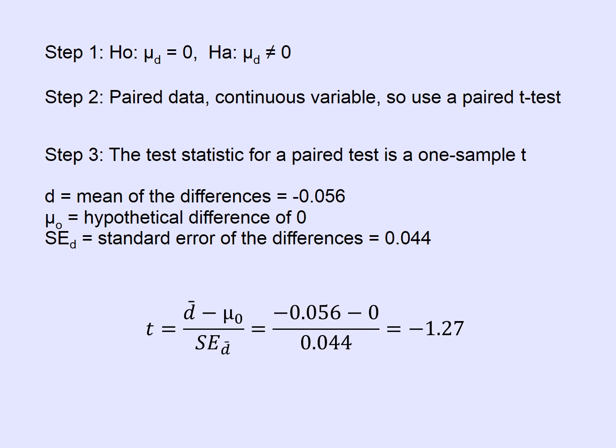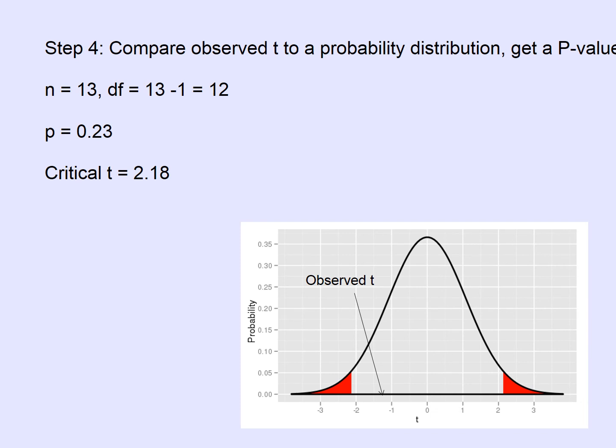Our test statistic is negative 1.27. And now, just like on a one sample t-test, we want to know if this exceeds a critical value and what is the probability associated with that. So we're going to take that t test statistic and look at the t sampling distribution where n equals 13, thus degrees of freedom equals 12.